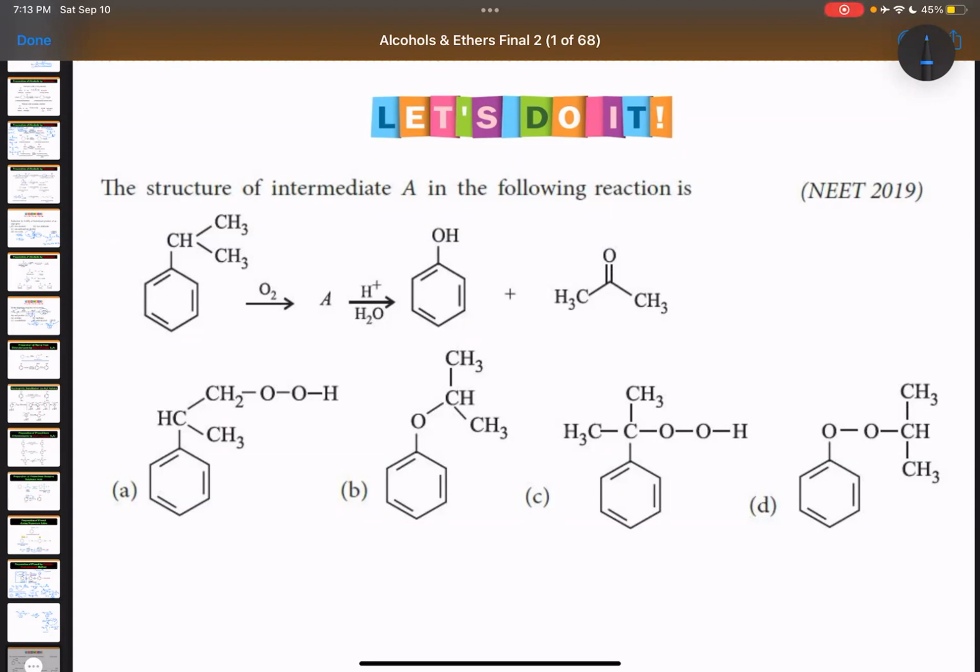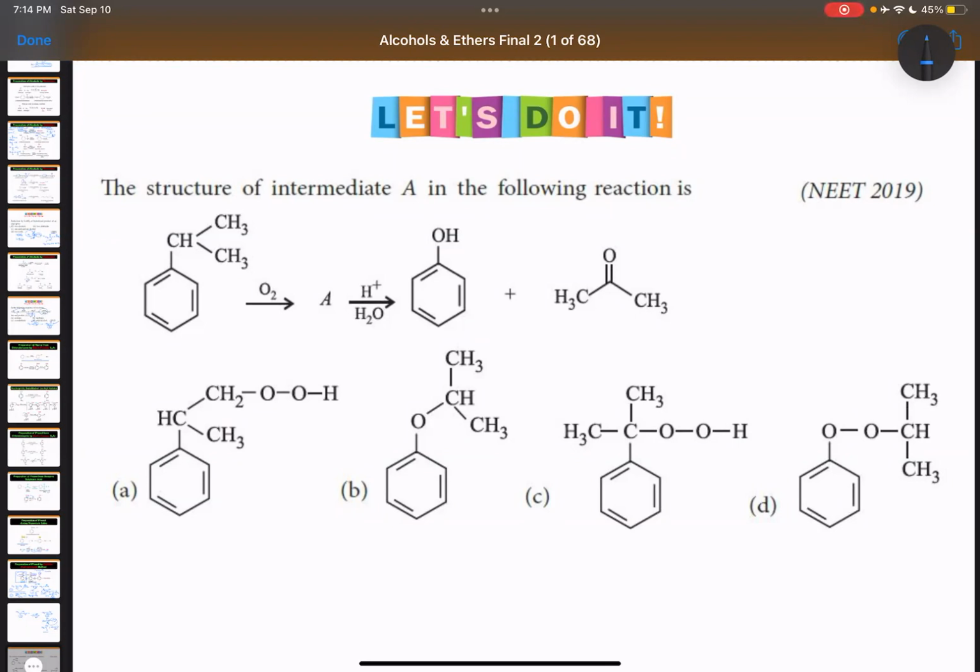This is cumene and this is oxygen. So the answer is going to be cumene hydroperoxide. Just put the O2 molecule between the cumene and the hydrogen. But with which hydrogen? The hydrogen on the carbon which is directly connected to the benzene, the alpha hydrogen.